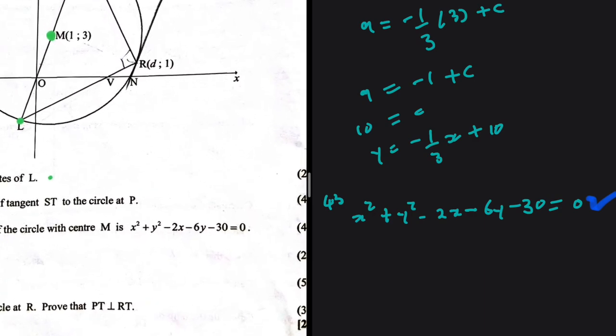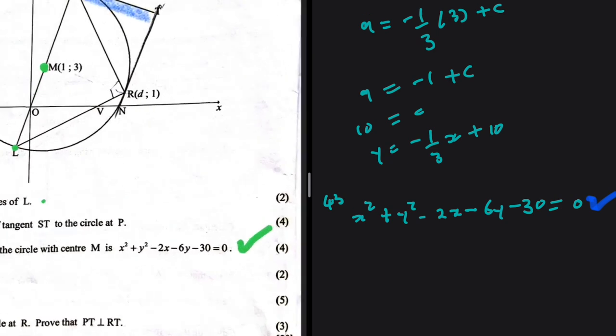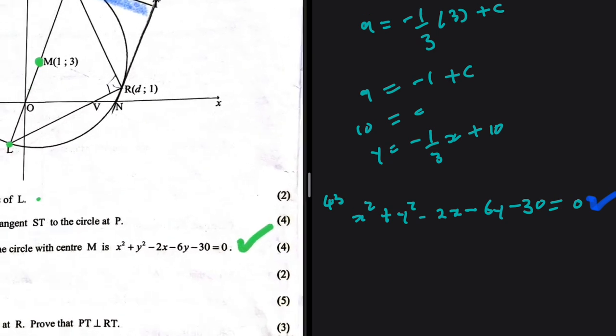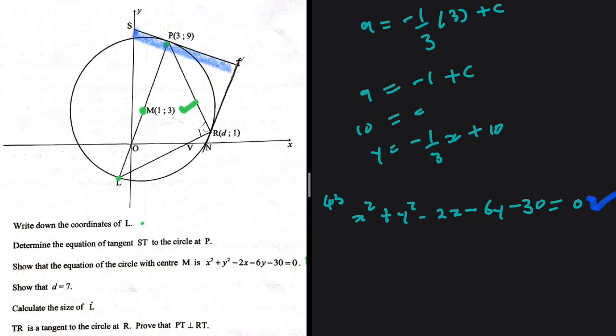Most people, if they're given this and they're supposed to write it in the other form, x minus a squared plus y minus b squared is equal to r squared, are going to have issues compared to if you're given the point and the center and you're supposed to write it in that way.